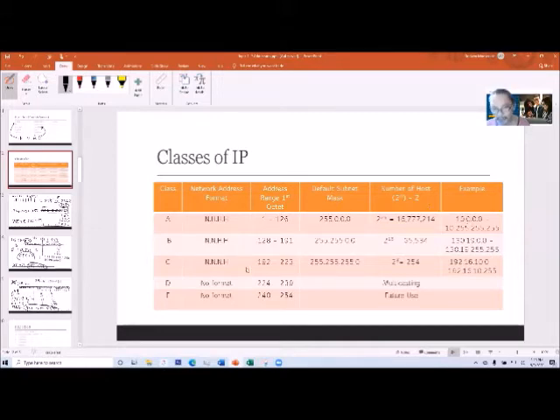Now, if we are going to count the IP addresses in class C, the format is n.n.n.h. So we are focusing on only one H here. It becomes a class C if the range of the first octet is 192 to 223. Example, 192.16.10. This is a class C because the first octet is in that range.